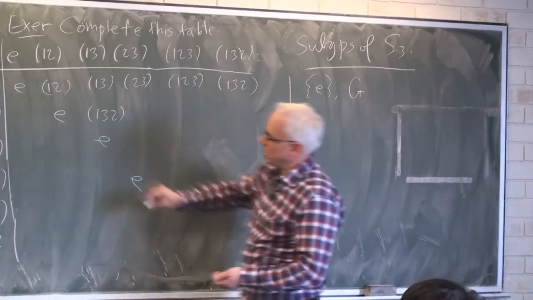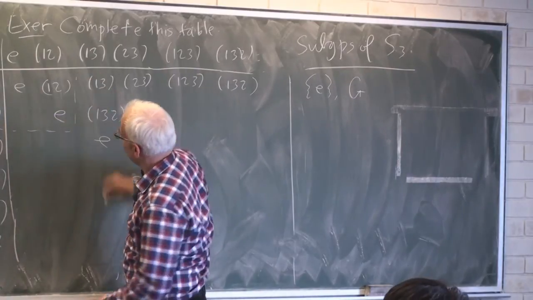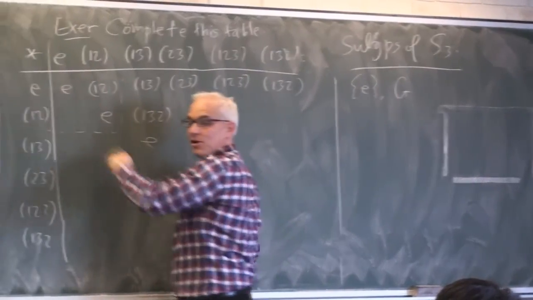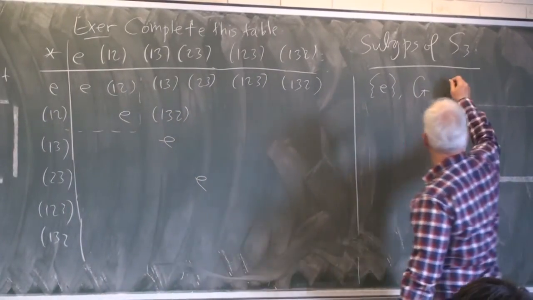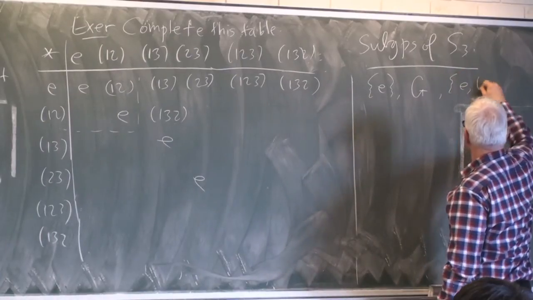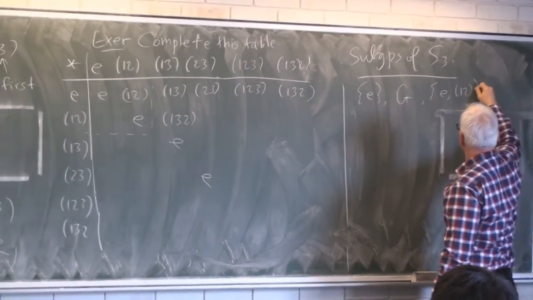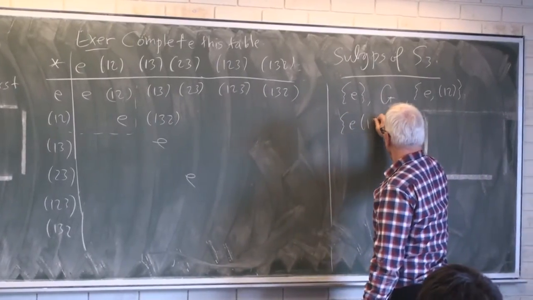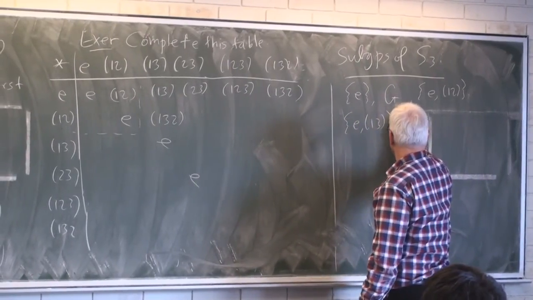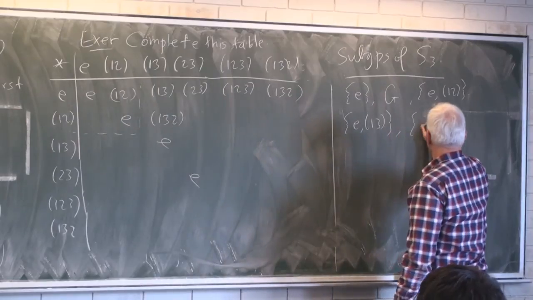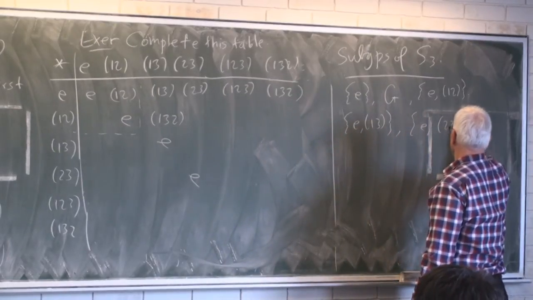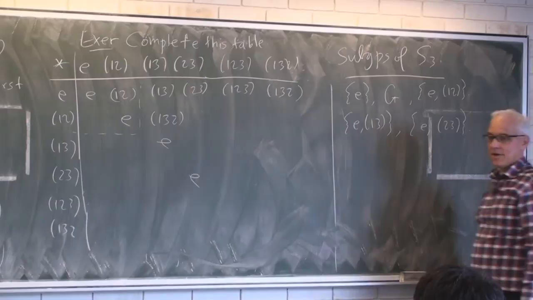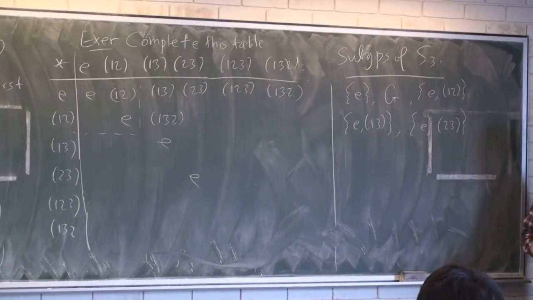And this multiplication here shows that E together with 1, 2 is a little closed subgroup. So we have E together with 1, 2, that's a subgroup. And E together with 1, 3, it's another subgroup. And E together with 2, 3, similarly. These are subgroups with 2 elements.